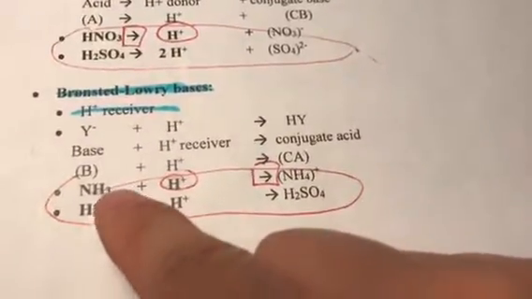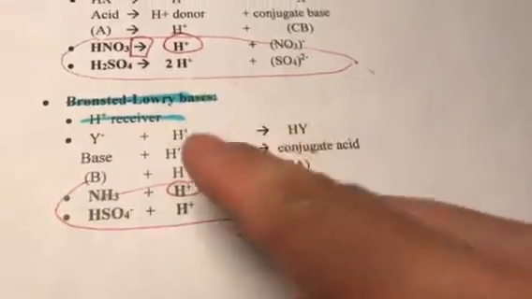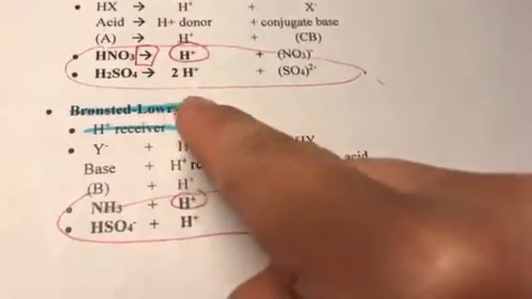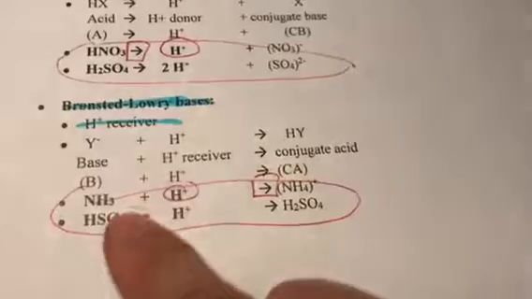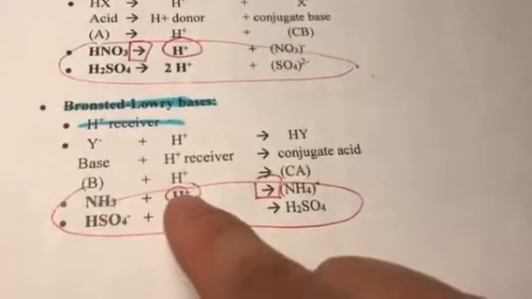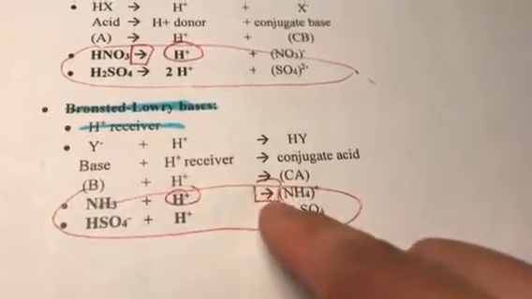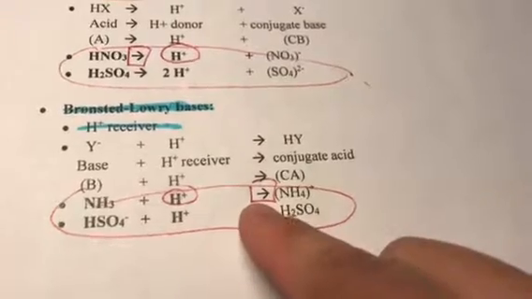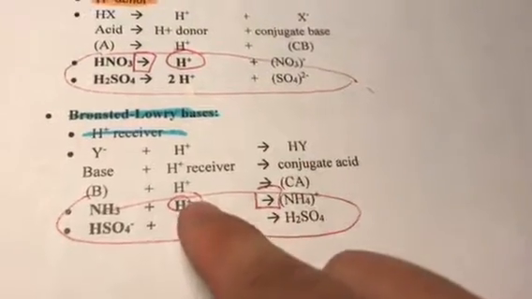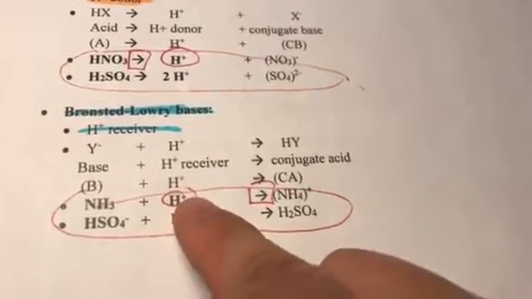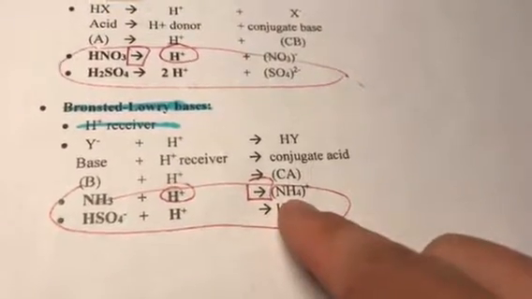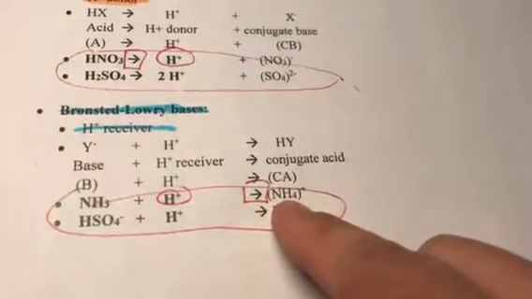NH3 is a base, but we cannot use Arrhenius base to describe NH3 because it does not have OH. So how can I describe it? They will say Bronsted-Lowry base is the H plus receiver. So for example, NH3 is a receiver, that means you see that the H plus is on the left hand side of the arrow. So they receive H plus as a reactant and they form NH4 plus, ammonium.